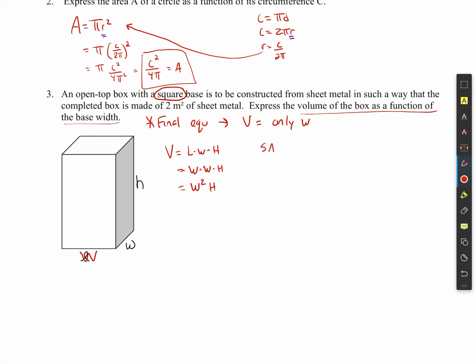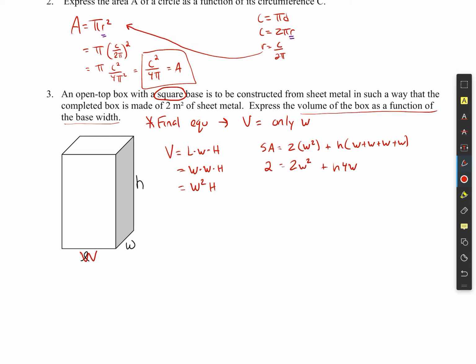So our surface area problem is 2 times the area of the base plus height times perimeter of the base. So we have 2w squared plus height times 4w. Now, what else is key? They told us the surface area is 2.